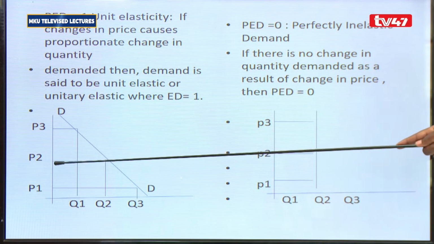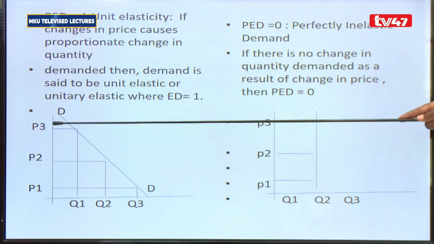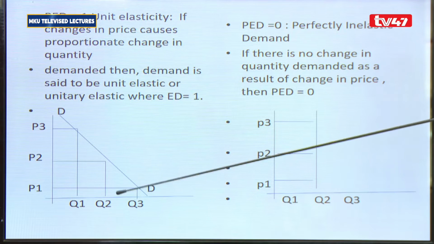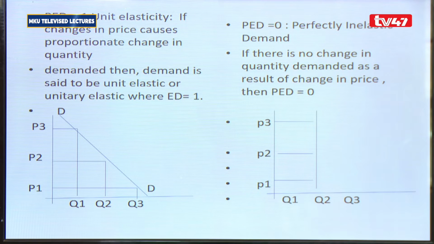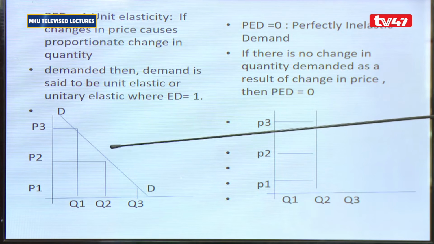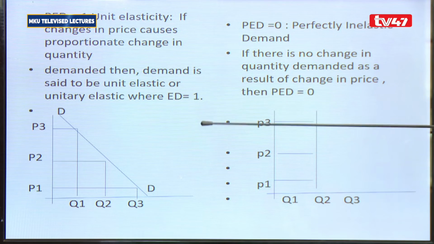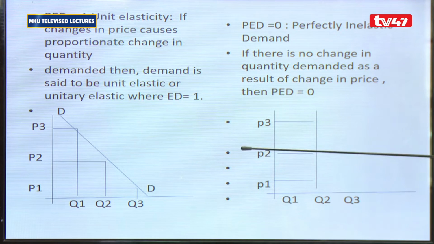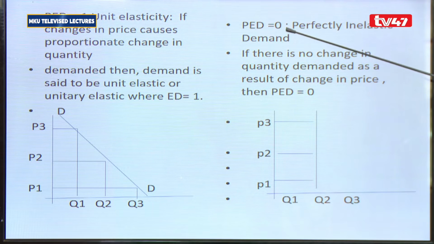When the price changes from P2 to P3, the quantity demanded changes from Q2 to Q1. Equal proportion. And normally, this is what is experienced, sometimes not in real life situations, because there is no way that we are going to have equal proportion. I'll explain that later. Let's move on to when the elasticity is equal to 0.